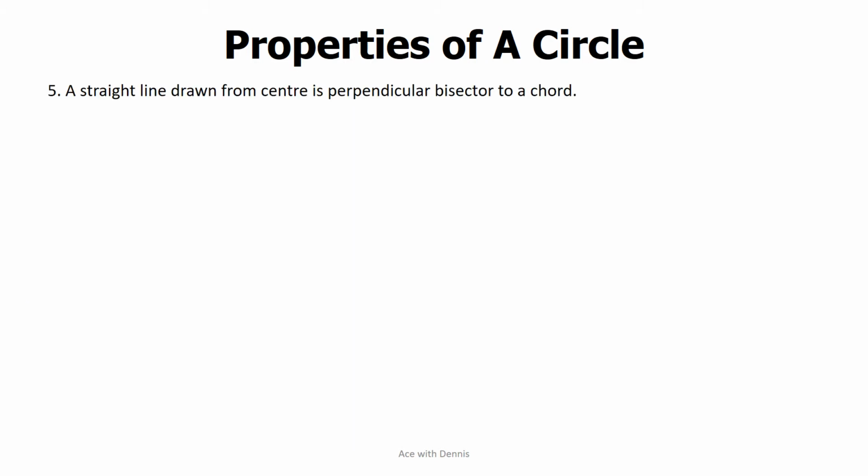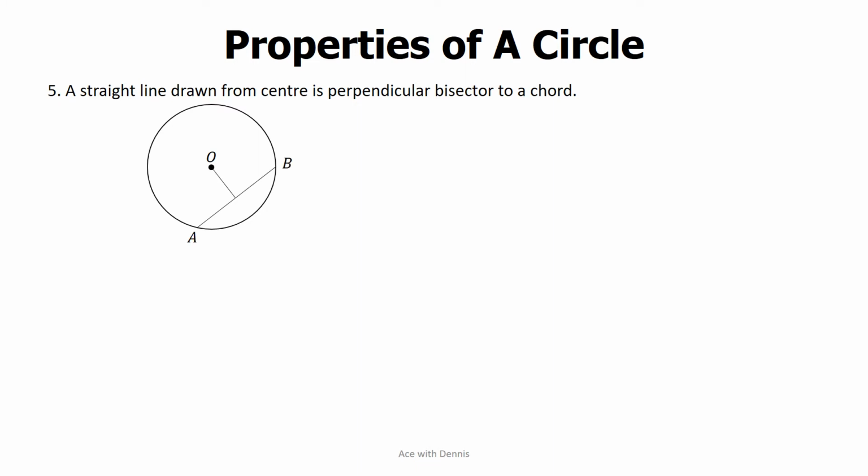The fifth property of a circle is a straight line drawn from the center is the perpendicular bisector to a chord. This is how it looks like. This is a circle with the center O, and this is the chord of the circle called AB.